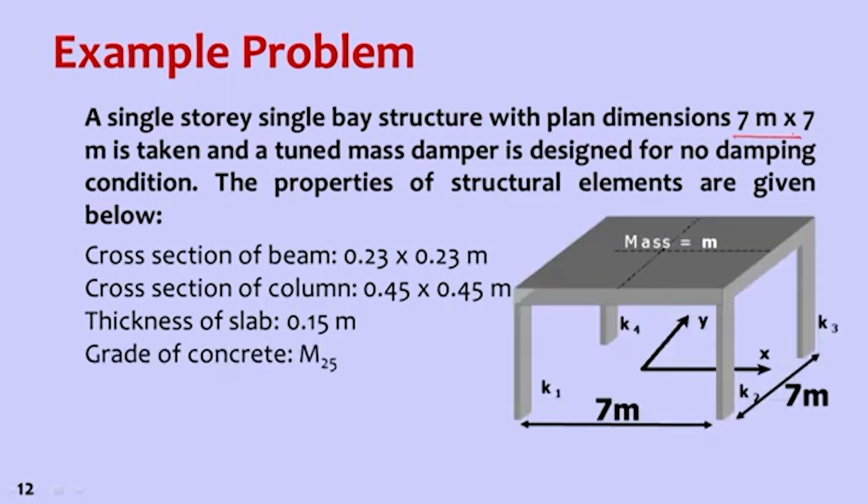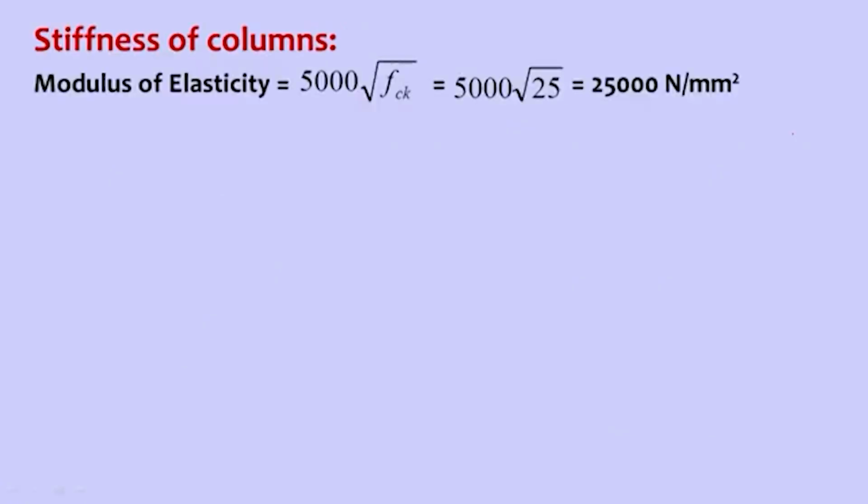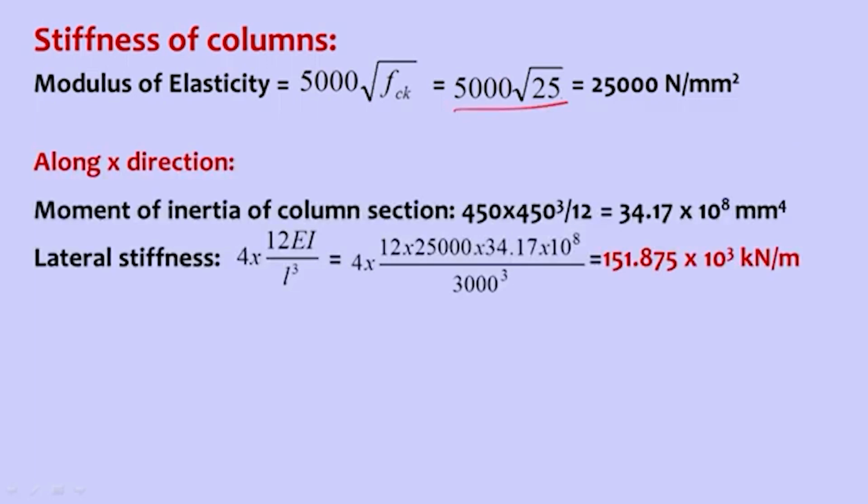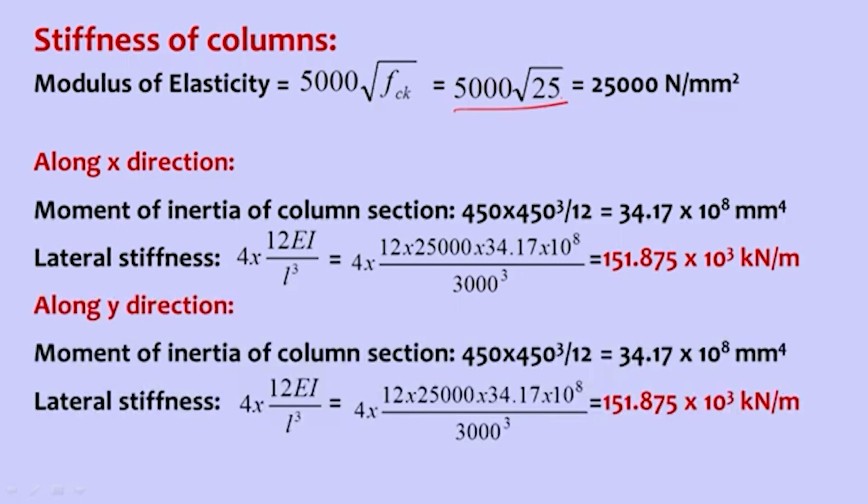This is the figure of the structure, and then let us calculate the modulus of elasticity, as given in IS 456, that is 5000 root fck. We know this value, and then the moment of inertia along the x direction and along the y direction.